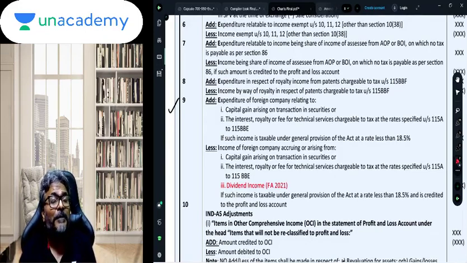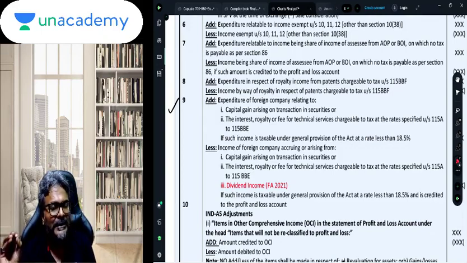Therefore, that particular royalty income that they will earn out of the patent will be charged to tax under the normal provision at the special rate of 115BBF, and the special rate under 115BBF is at the rate of 10%.